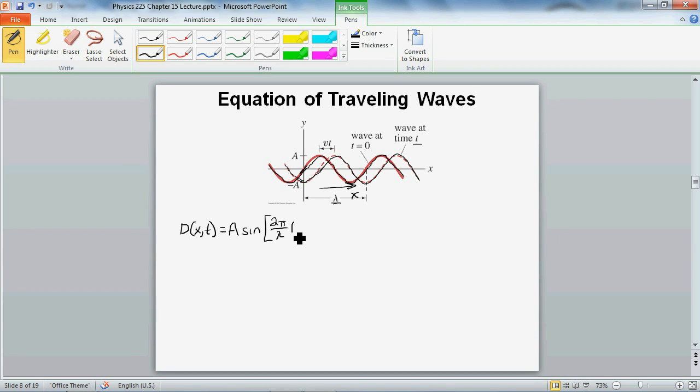And then we're going to multiply that by x minus velocity times time. So our wave velocity is the velocity at which the wave moves. And notice that it's going to the right, so we're doing a negative sign. If it was going to the left, we would do a plus sign.